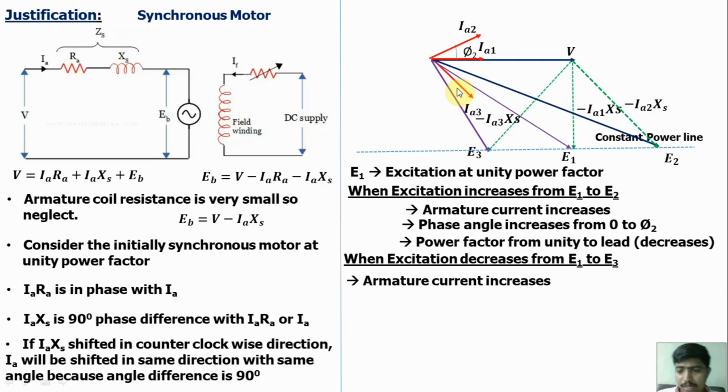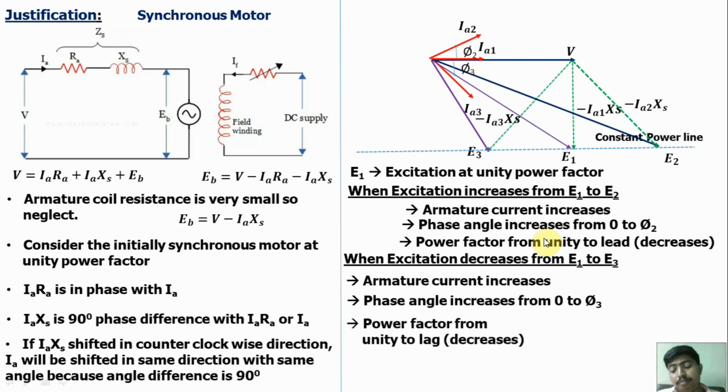Here IaXs moves clockwise, similarly Ia moves clockwise. So the phase angle will be pi/3. The phase angle increases from 0 to pi/3. If the phase angle increases, the power factor decreases. So it changes from unity to lagging power factor. This is the concept.